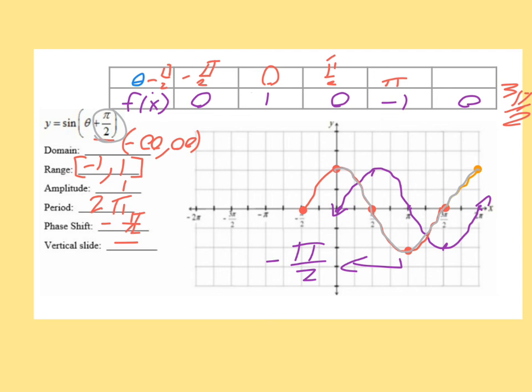Let's say the sine of theta plus pi over 2, that's the same as a cosine graph. Same thing if this were a minus, or if this were a cosine. If this were cosine theta plus pi over 2, that'd be the same as a sine. Cosine theta minus pi over 2, that'd be the same as a sine. Cosine and sine are separated by pi over 2 units.